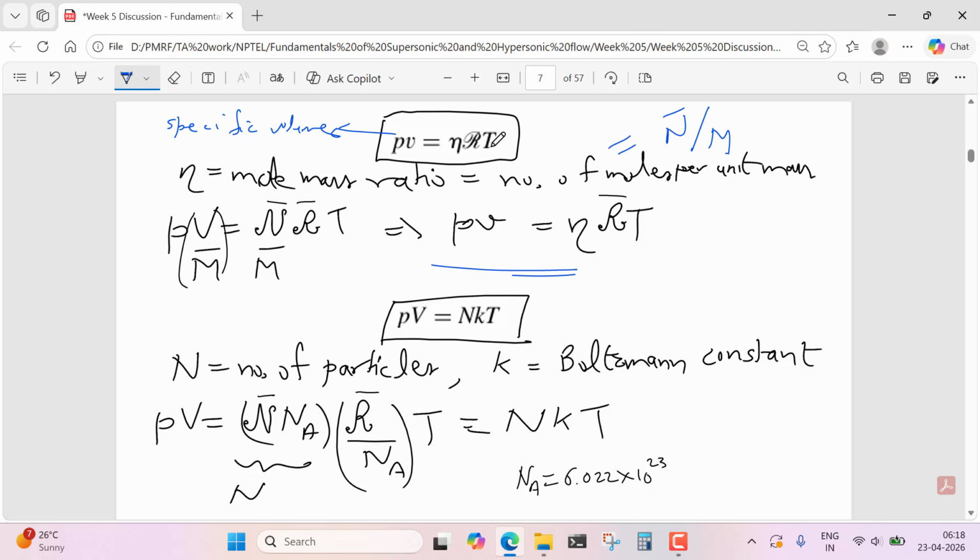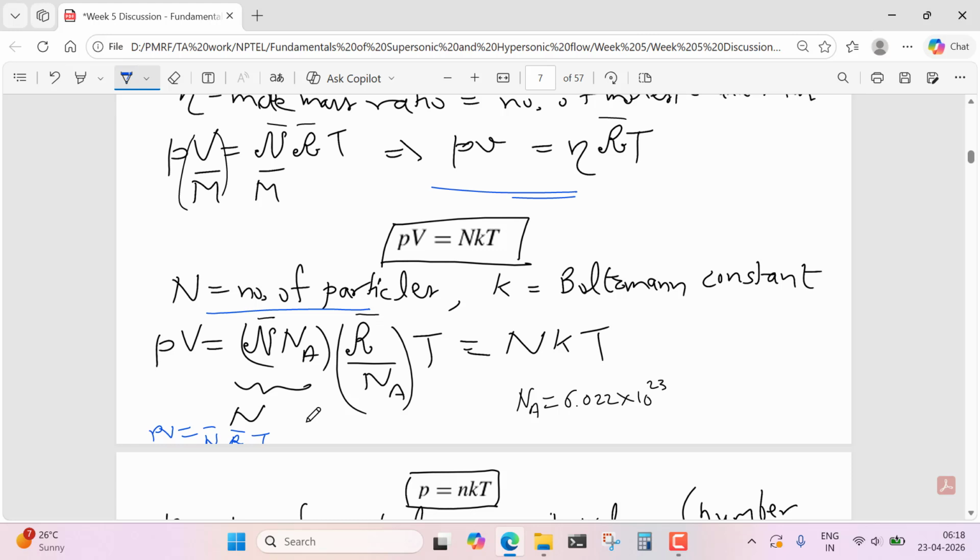The next form is PV equal to NkT, where N is the number of particles and k is the Boltzmann constant. To derive this, let's say initially we have the equation PV equal to n bar R bar T. Now we multiply and divide by N A, the Avogadro number, which is 6.022 × 10²³.